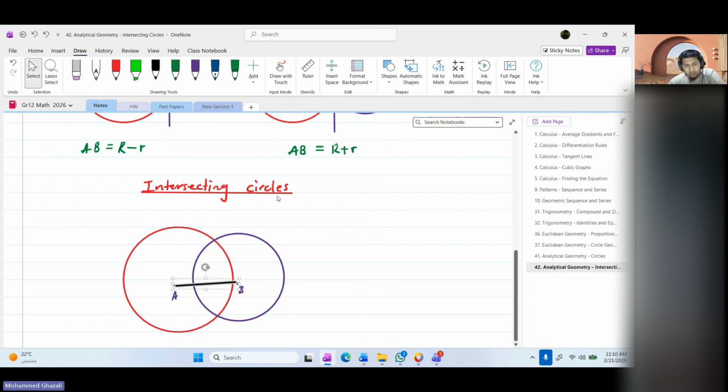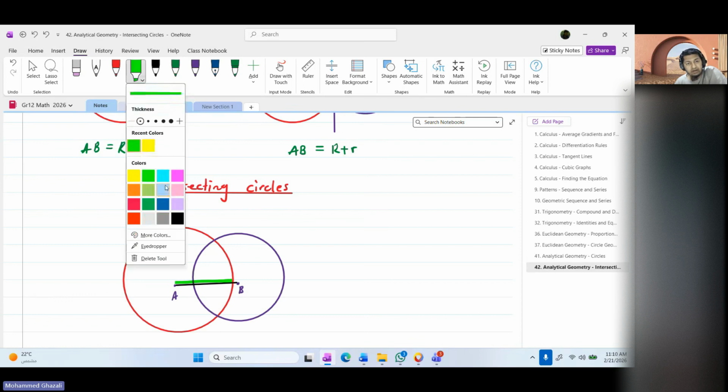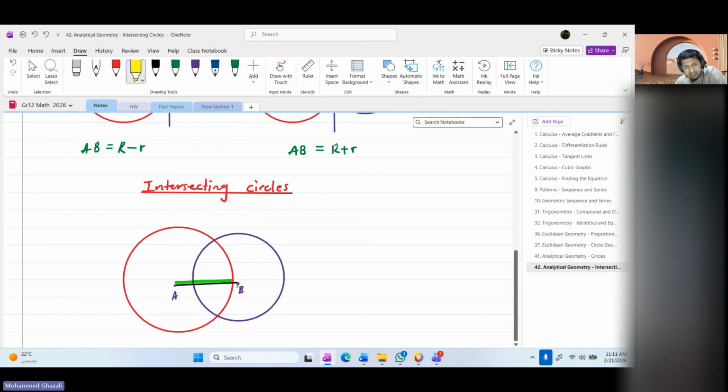Now you have to look at all the possible scenarios of circles, what can happen. So that's what we are doing now. We're giving you all the rules for what can happen. So capital R is the distance from here to there, and small r is the distance from the center to the purple circle. So we calculate R minus r.